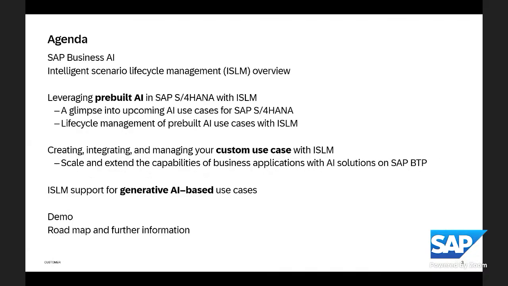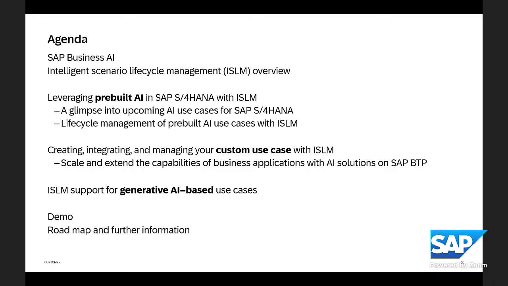So the agenda that we have planned today: we'll start with an overview of ISLM, and I'll try to cover some basics as well because some of you might be new to ISLM. But the focus for today's session would be on some of the Delta offerings from ISLM. So we will talk about the pre-built AI use cases in S/4HANA and what is upcoming in that direction. We'll also talk about how you can use ISLM to create custom use cases.